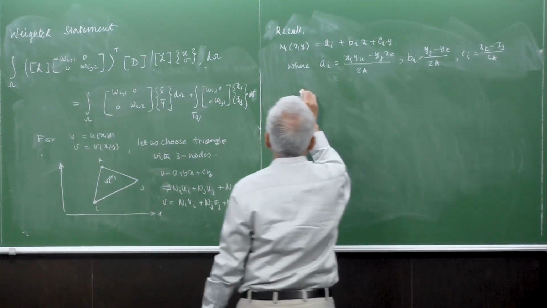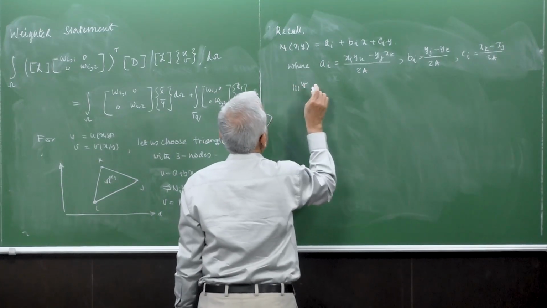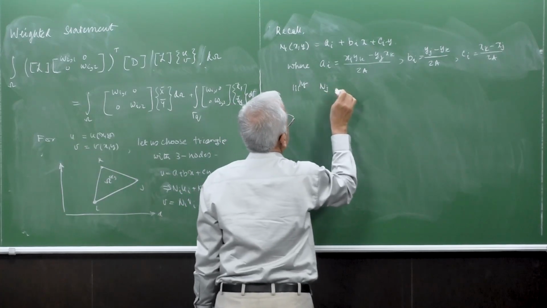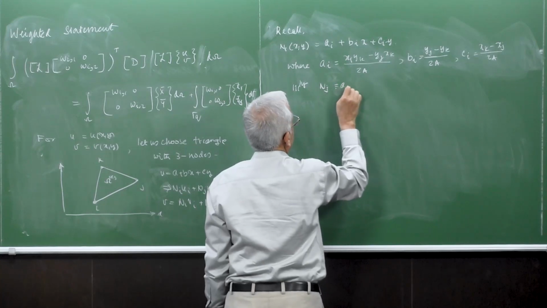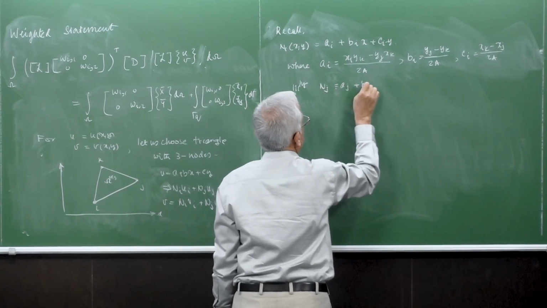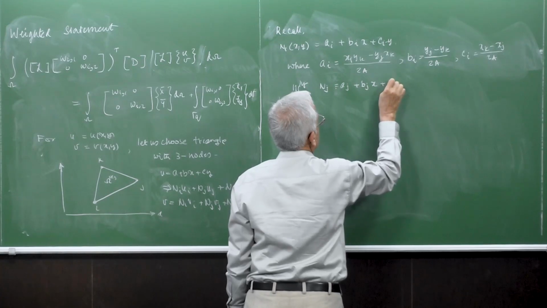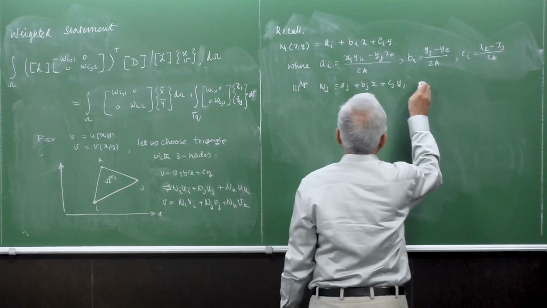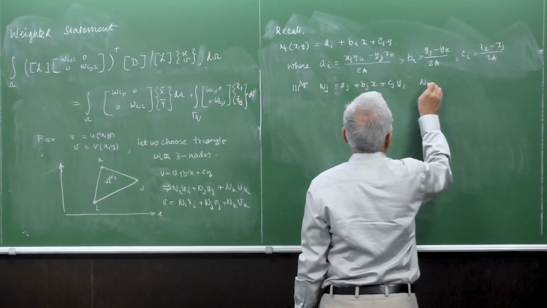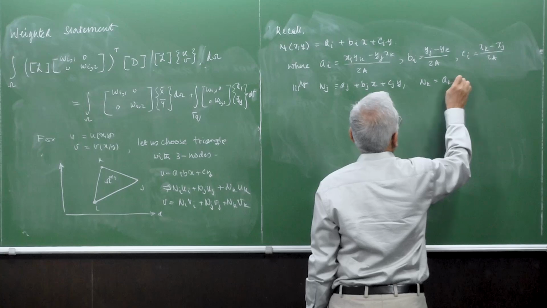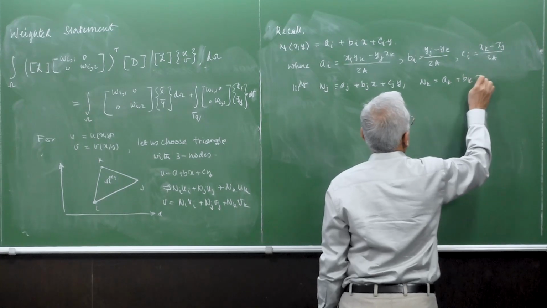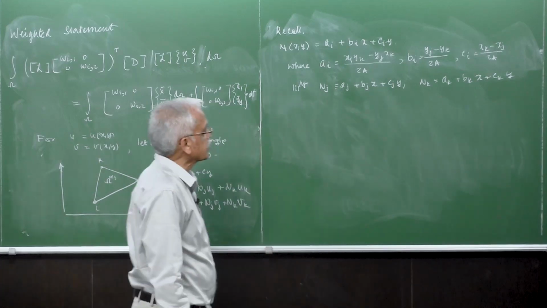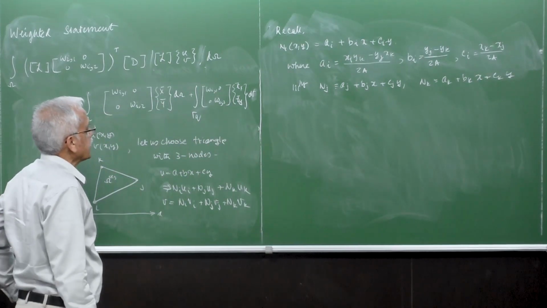So similarly, for Nj and Nk we will have the expressions for aj, bj, cj and ak, bk, ck. Okay, so these are the shape functions.